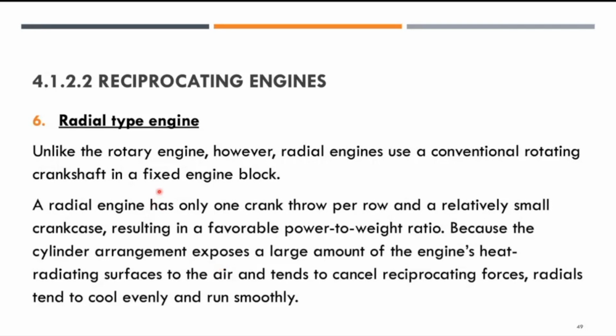Unlike the rotary engine, the radial engine uses a conventional rotating crankshaft in a fixed engine block. However, the radial engine has only one crank throw per row and a relatively small crankcase, resulting in a favorable power to weight ratio compared to the conventional rotating crankshaft engine.